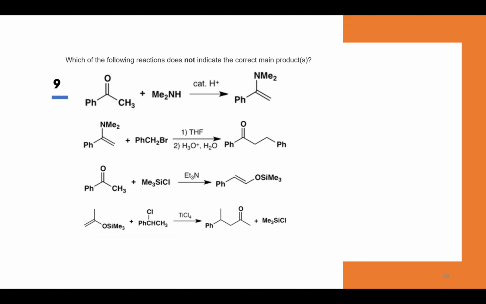Now let's move to question number 9. Here, which of the following reactions doesn't indicate the correct main product? So we will write the product for each of the following reactions. So we have Ph, sorry. Okay.